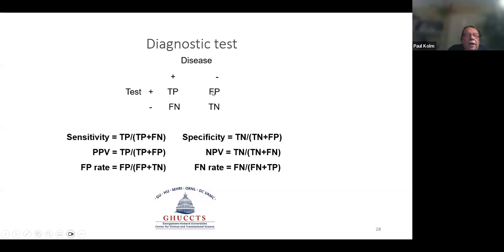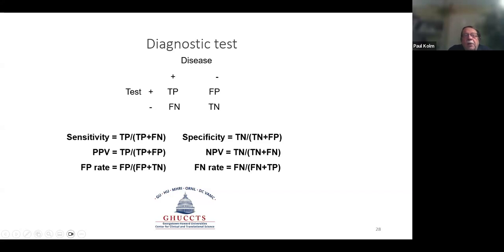If the test is positive and the person actually has the disease, sensitivity is defined by the true positives divided by the true positives plus the false negatives. On the other hand, if the test is negative and the person doesn't have the disease, then our term here is what we call specificity, which is true negatives divided by true negatives plus false positives.